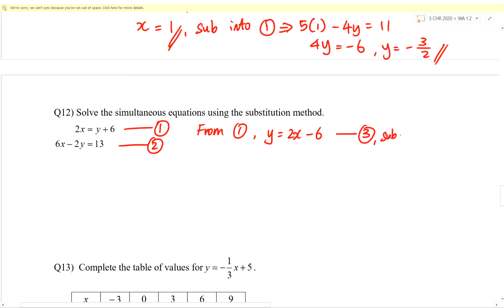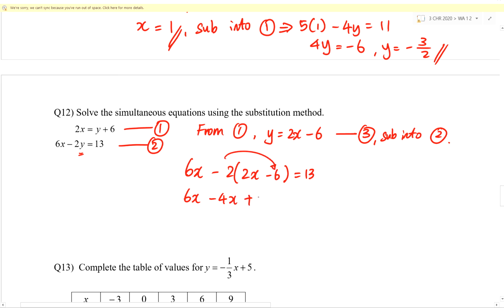We sub into equation number 2. Every time I see the y, I change it to 2x minus 6. So inside equation number 2, it looks like this. 6x minus 2 times (2x minus 6) equals 13. So do the expansion. 6x minus 4x, and on the other side, negative and negative gives us positive 13.